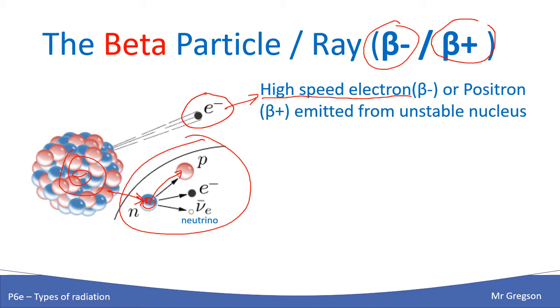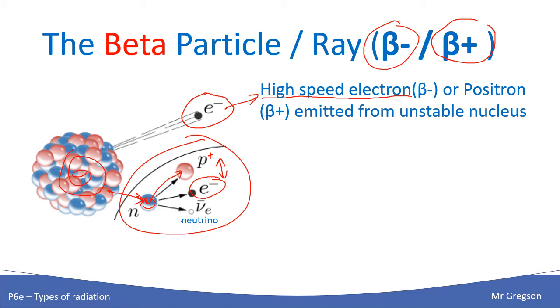And if we change it just slightly, it becomes a proton. Now, a proton is slightly different to a neutron in the sense it has charge. If this is a positive charge, then we need to release something that has a negative charge so that these 2 balance, because everything likes balance in the universe, and it means we're now back to what our neutron has, which is no charge.